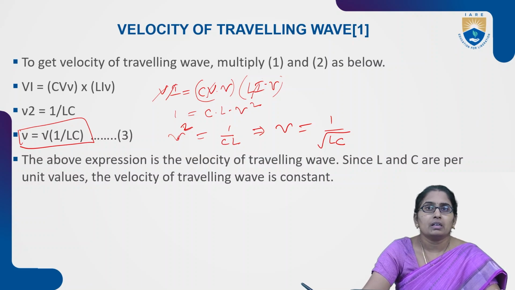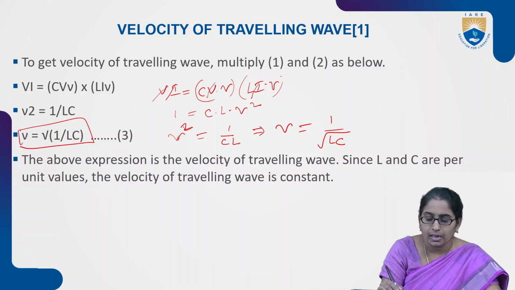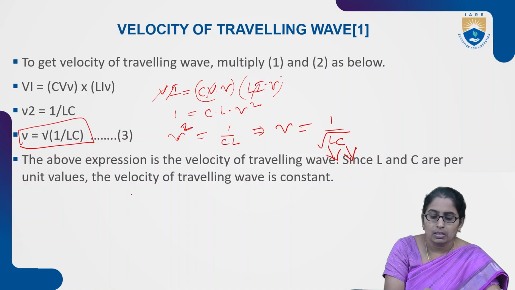L and C are the inductance and capacitance of the line. If we substitute the L expression and C expression, we will get a constant value for the velocity of the traveling wave.